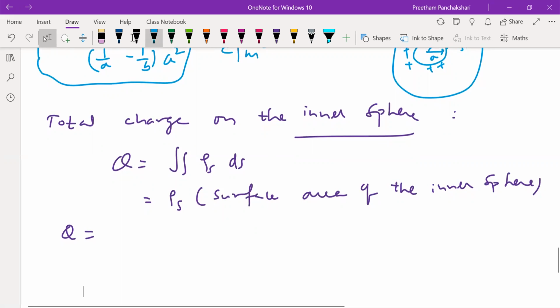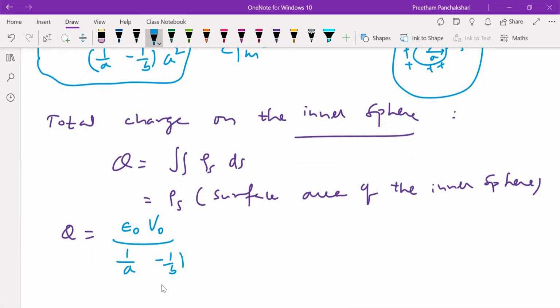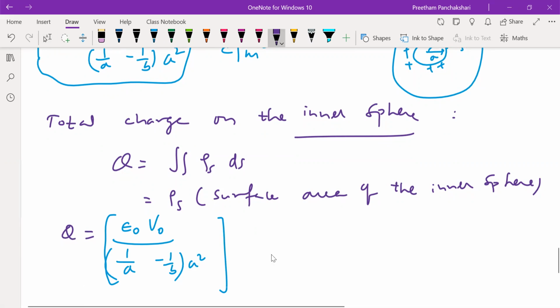Q is equal to rho s. So we shall copy the rho s from the previous step. Epsilon naught V naught 1 by A minus 1 by B into A square. This is rho s into surface area of the inner sphere. Area of a sphere is 4 pi r square. In this case, it is 4 pi A square because total charge is only on the inner sphere.